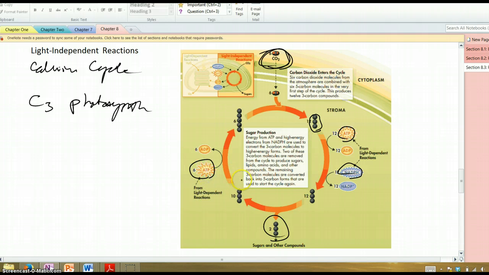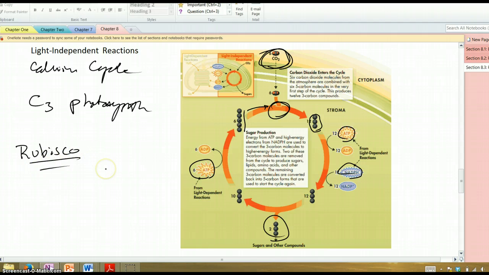Some energy is provided on this side where we're regenerating this 5 carbon molecule that begins the process, okay? Now, one thing that's not on here that I want you to be aware of is that at this step, right here where we're taking in the CO2, there is this enzyme that's very important.